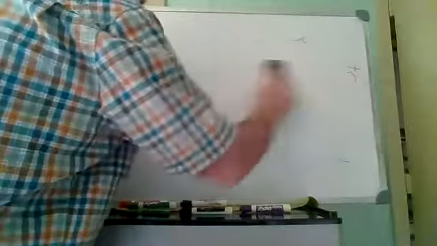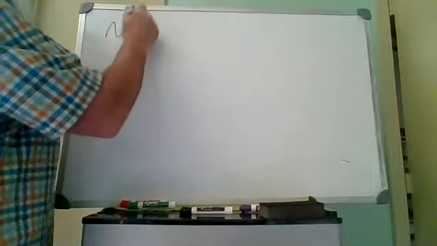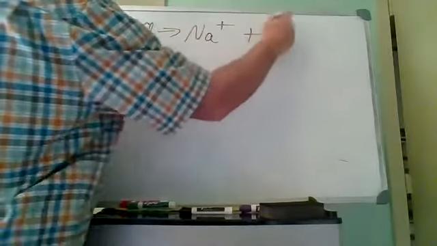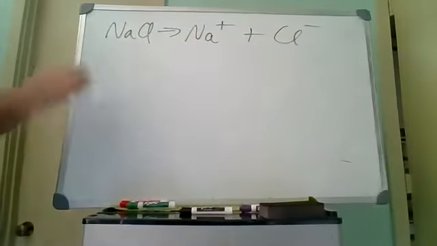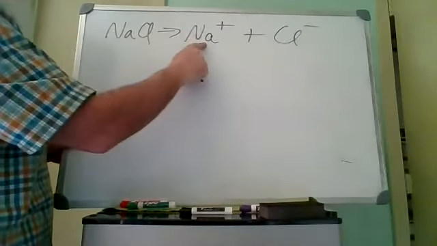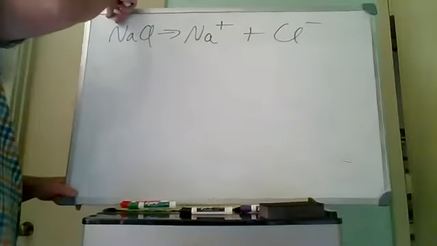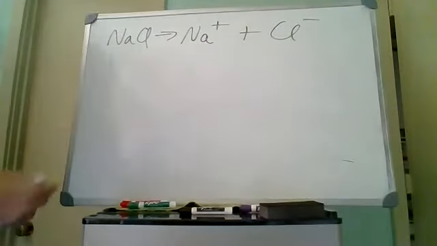And I believe this one is in our book also, but let's take a look at sodium chloride. All right, well, that's going to give us sodium cation plus chloride anion. But we just saw that this does not react with water and this does not react with water. Right? We just proved that in both cases here.